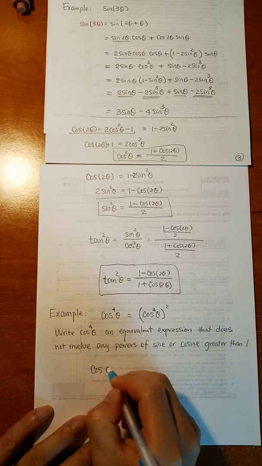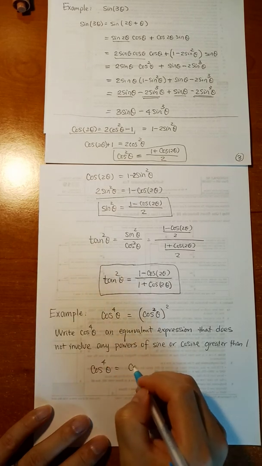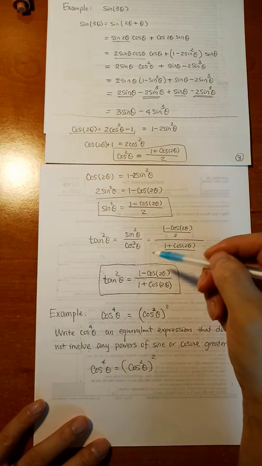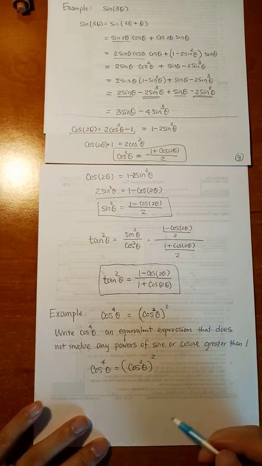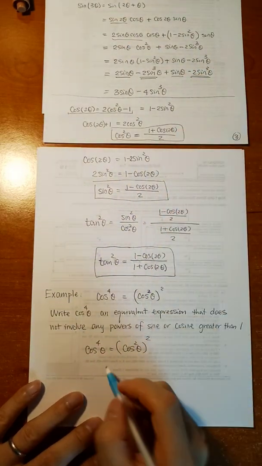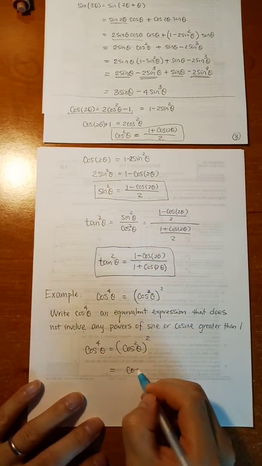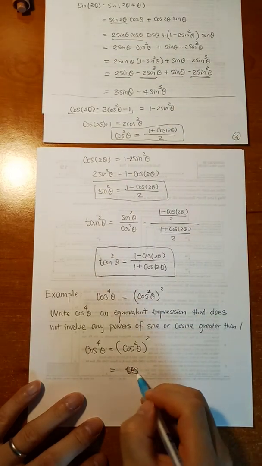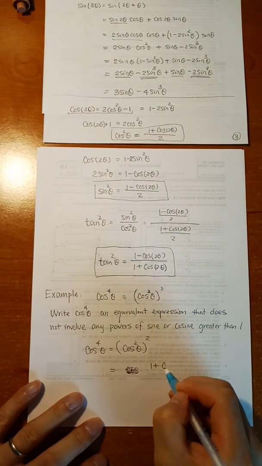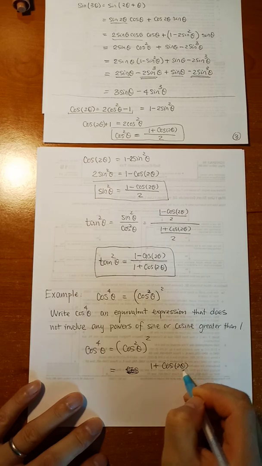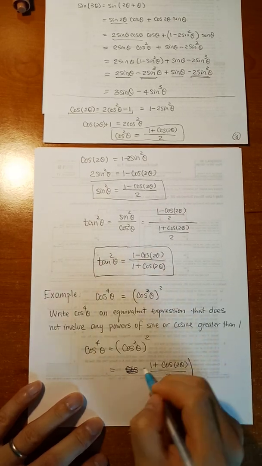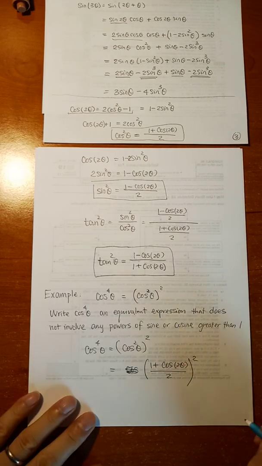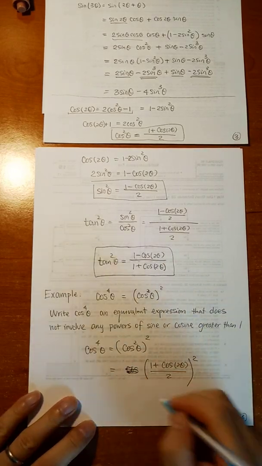Cosine theta to the fourth power is cosine theta squared and then squared, because we know how to apply the square. Cosine theta squared, where is cosine square? Okay, this way. It is 1 plus cosine 2 theta over 2 and then squared. Okay, so we're going to simplify this.